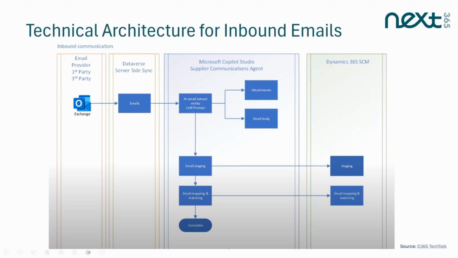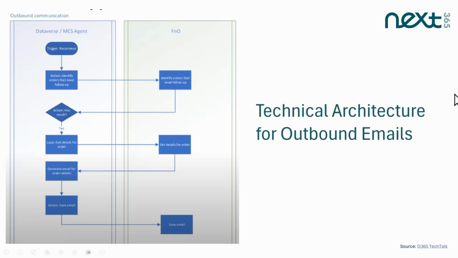So when you're working in the other direction, outbound, it's very similar. These slides are from Microsoft, and they removed the email portion of this, but that looks exactly the same with Microsoft Flow. The data goes back and forth between the agent and the F&O environment so that you can have those specific touch points that Van mentioned. If you've automated the email, potentially you're looking at a case where it's not going back and forth to F&O quite the same way, but it just pushes the information back and forth into Dataverse, which again is configurable as opposed to having to be developed to push that information out.